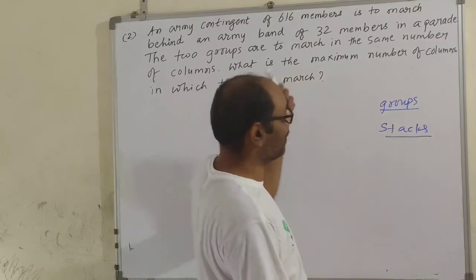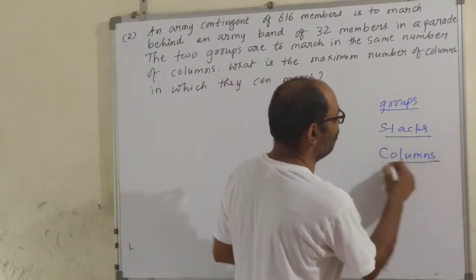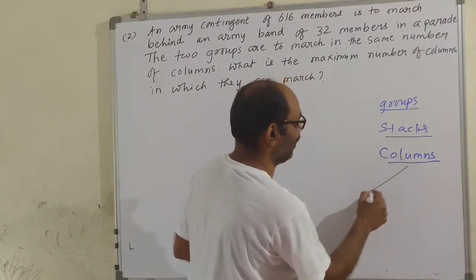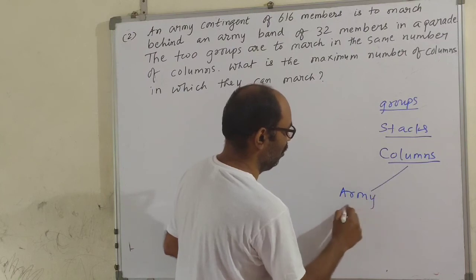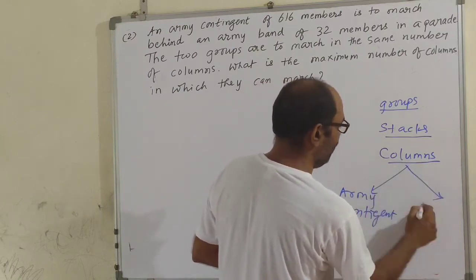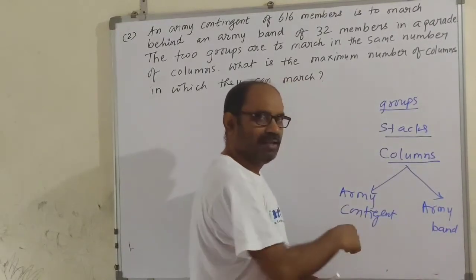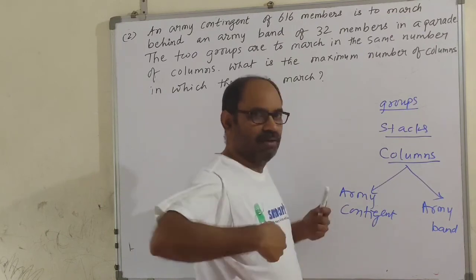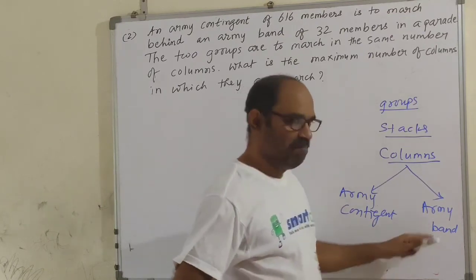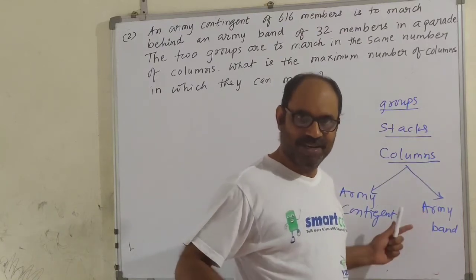Correct? And in this sum, we have to form columns. And what do we have to distribute? Two things: army contingent and army band. Well, the contingent will have all those weapons, rifles and all that, and the band will have musical instruments in their hands. Did you understand that?